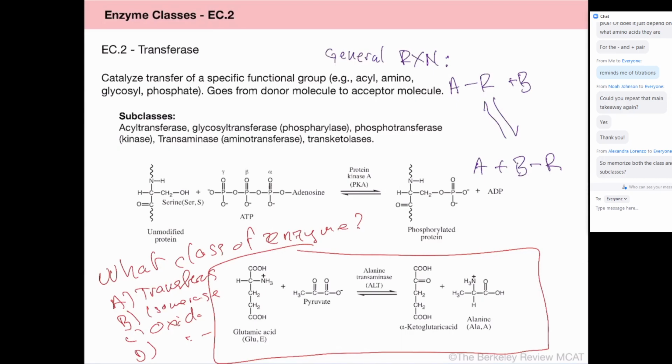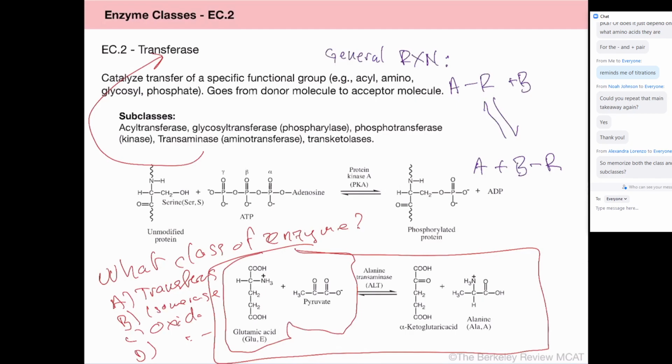I don't think they would test you on subclasses, but they might use the subclass in the passage to describe the enzyme, and then ask you what the enzyme class is. If you knew the subclasses, you could get to this super quickly. Otherwise, you should just be able to look at a chemical and see what happens.